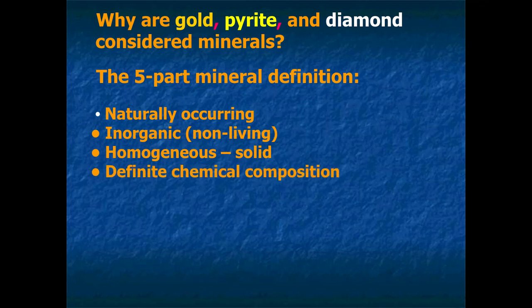To be a mineral, it has to have what we call a definite chemical composition. And when we say definite chemical composition, we're really referring to, for example, if we look at a chemical formula that says Fe2 with an oxygen atom on there.